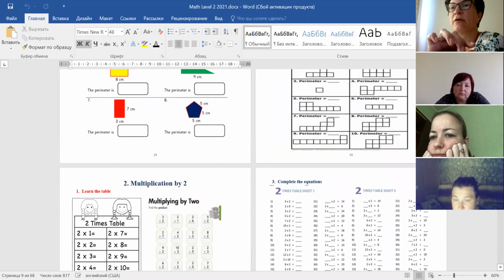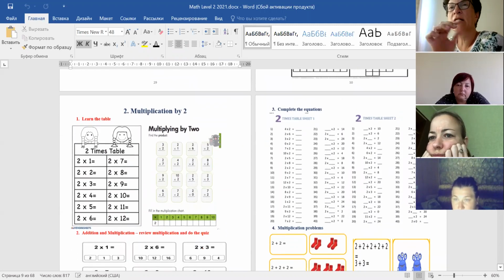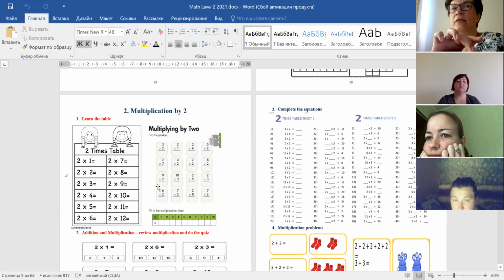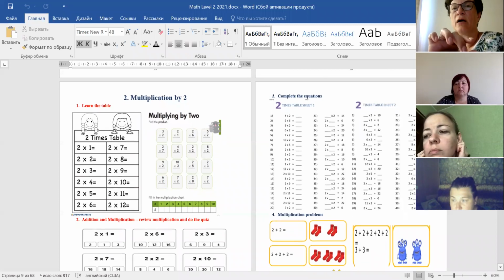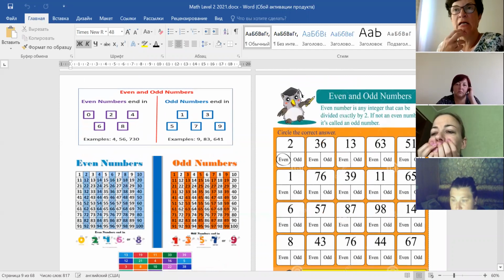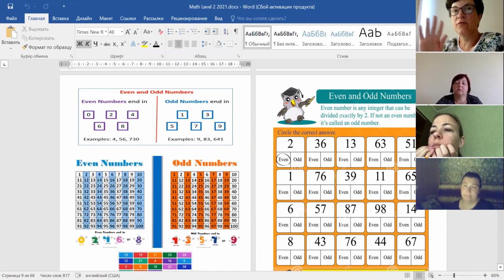And from this moment, we start with multiplication by 2. And how do we do the multiplication? There is a table, you can multiply, you can think of the results, you can also do the sheets, and then I already mentioned it, that with multiplication by 2, we start dividing numbers into even and odd.